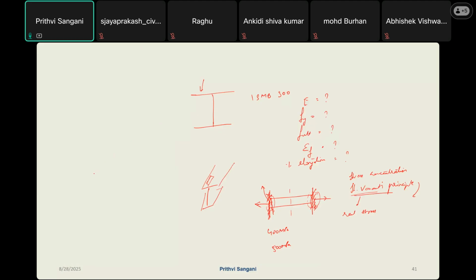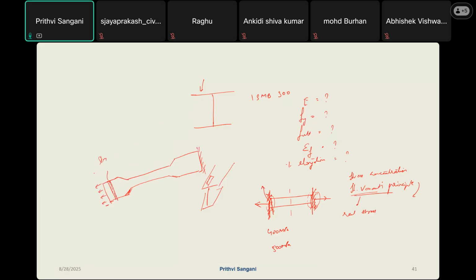So for that, what the code says is, you use a dog bone shape. It's similar to a dog bone. If the shape is like this, when you fix one end and pull the other end, here the cross section is higher, so the stresses are lesser, and you will not have any breakage happening.